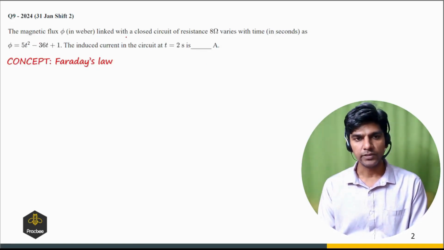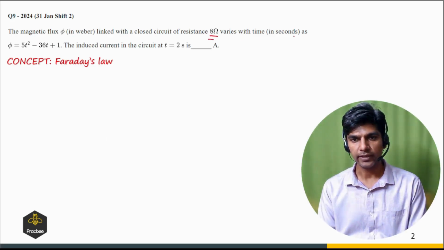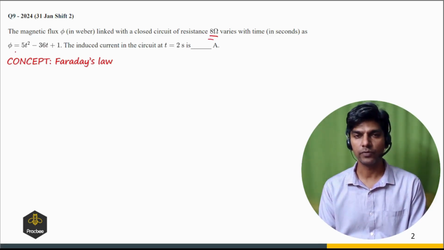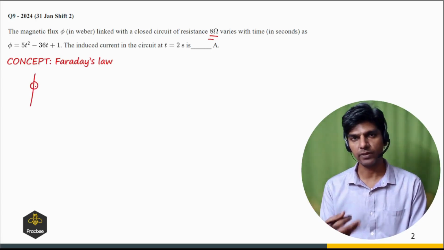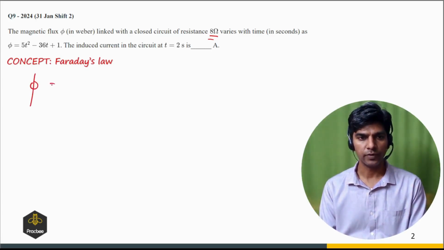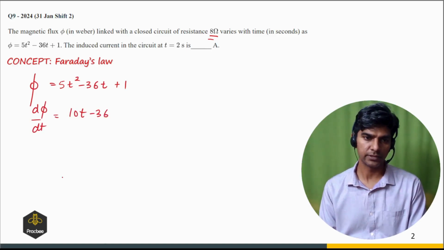The magnetic flux linked with a closed circuit of resistance 8 ohms varies with time as, so we have given the instantaneous flux, find the induced current in the circuit at time 2 seconds. Since we have given phi, with the help of phi we can find the induced EMF. So phi is given as 5t square minus 36t plus 1. So d phi by dt will be equal to 10t minus 36.